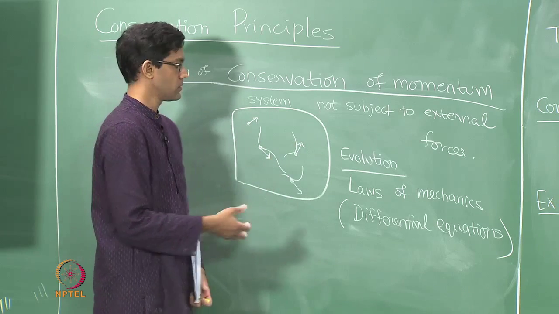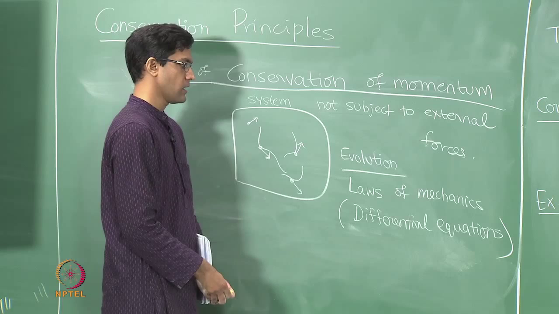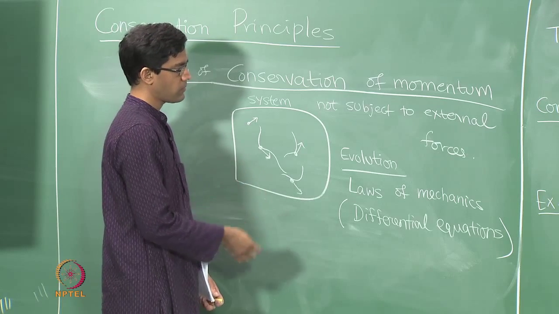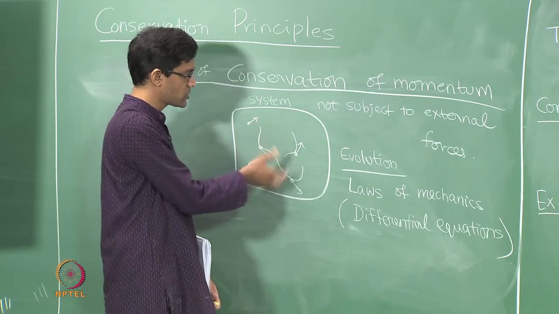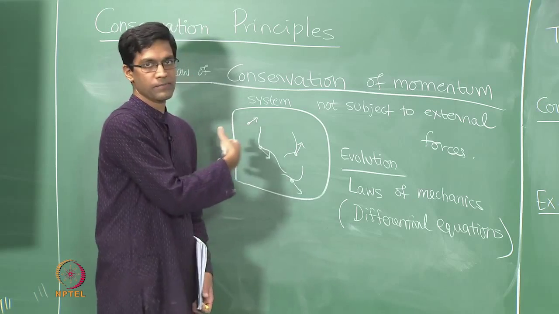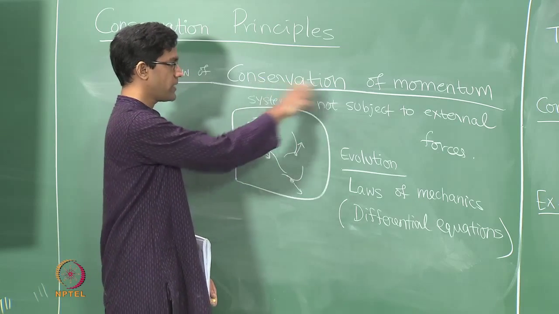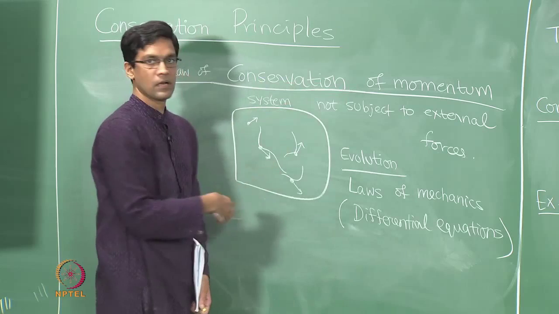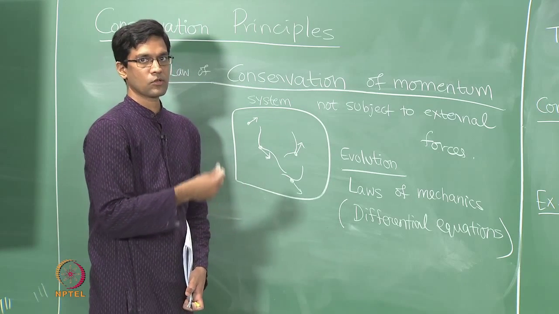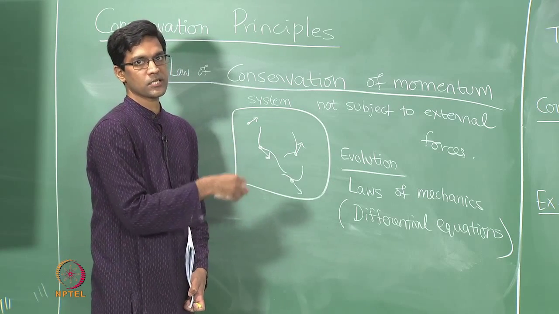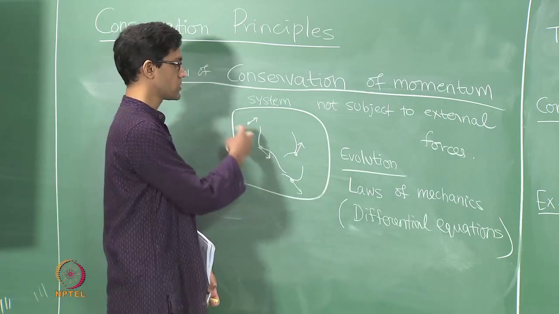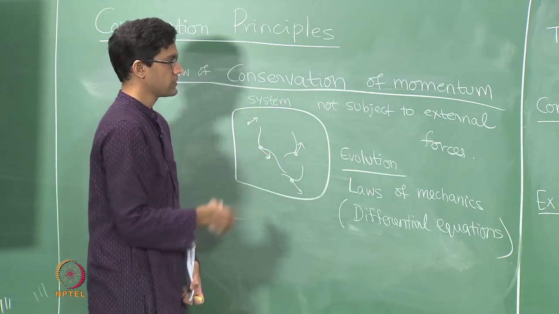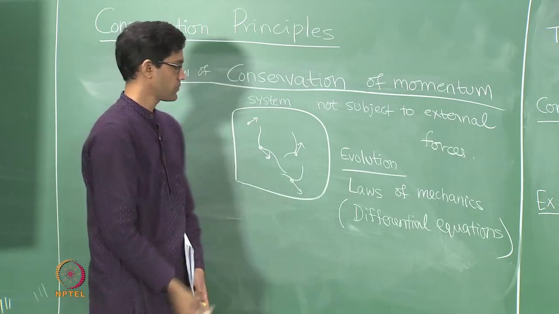Now the conserved quantity has the following property: no matter what the differential equation tells you happens to the system, the total momentum of the system can never change. So the form of the differential equations is such that even though the system changes with time t, the total momentum cannot change.